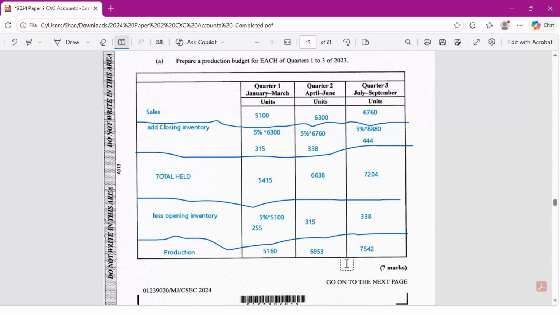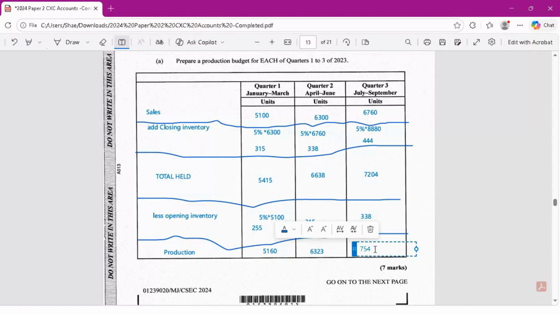6,638 minus 315, which is 6,323. And 7,204 minus 338, which gives us 6,866. All right, yes.